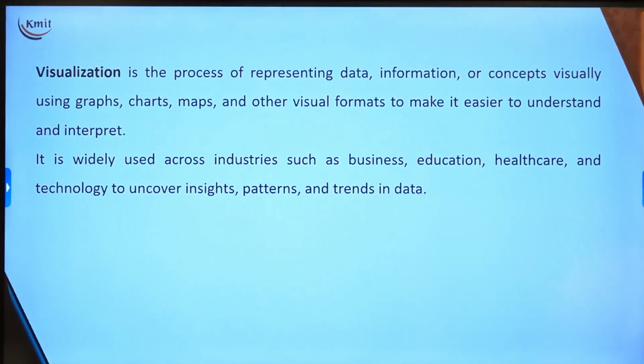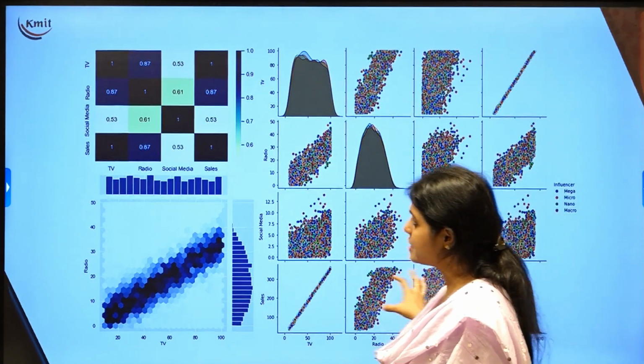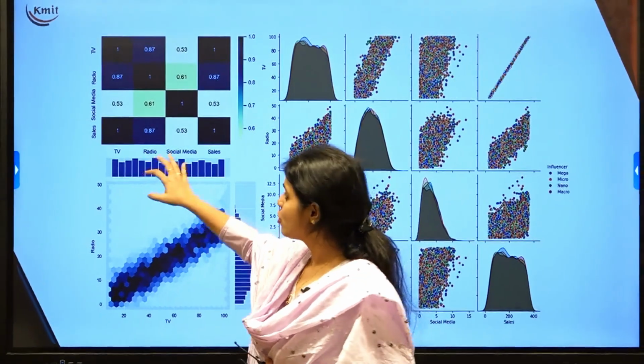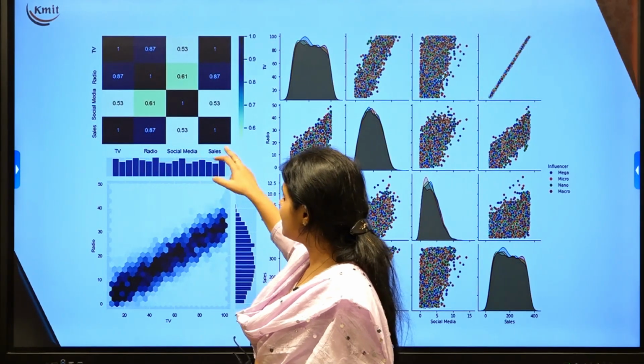So visualization is basically the process of representing the data, information using graphs, charts or any other formats which are available. Okay, so when you actually use visualization techniques, we'll clearly understand what the different variables are and the dependency of each variable. When you look into this particular graph, here I have TV, radio, social media and sales.